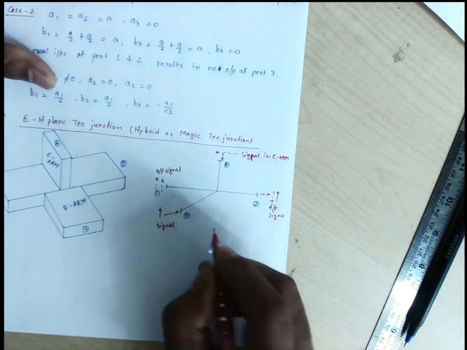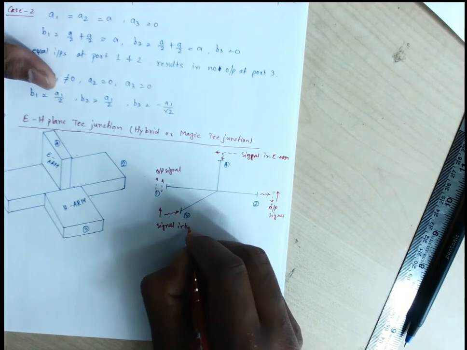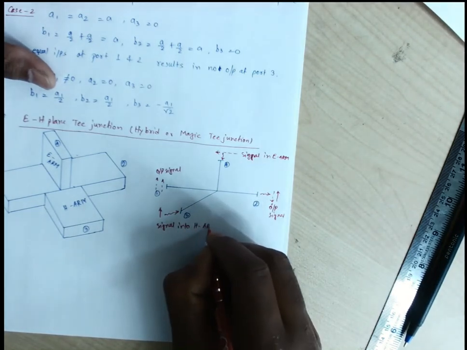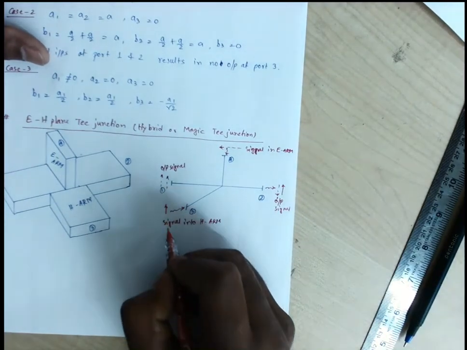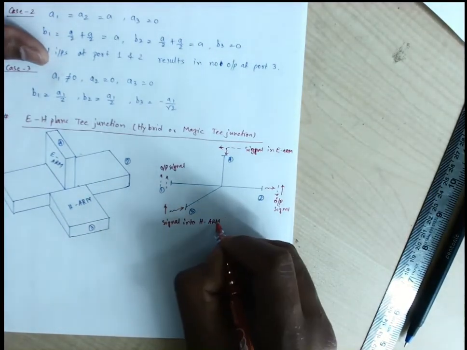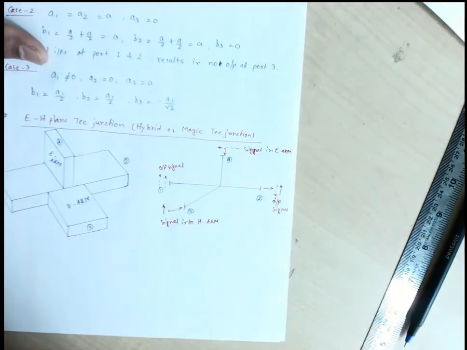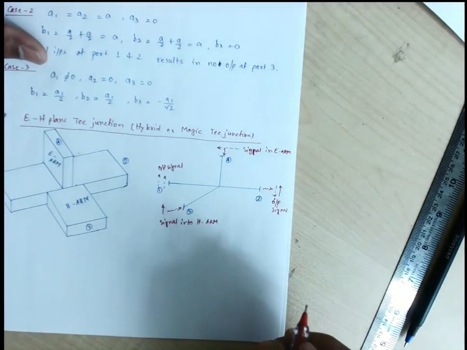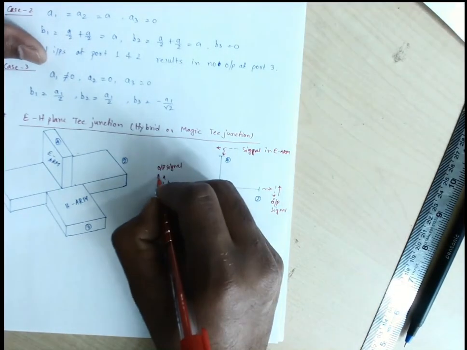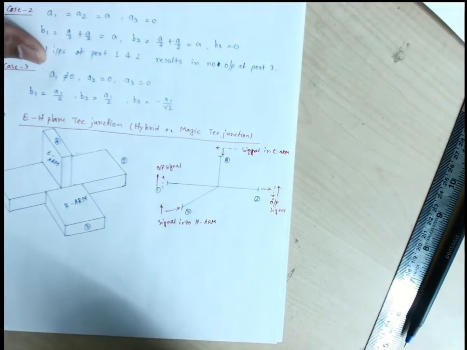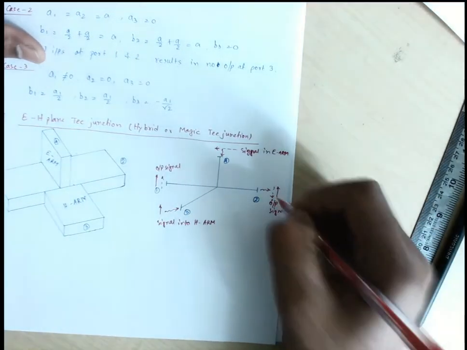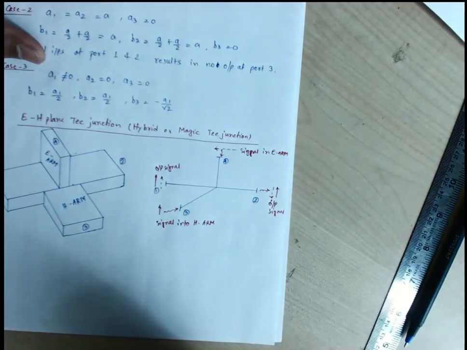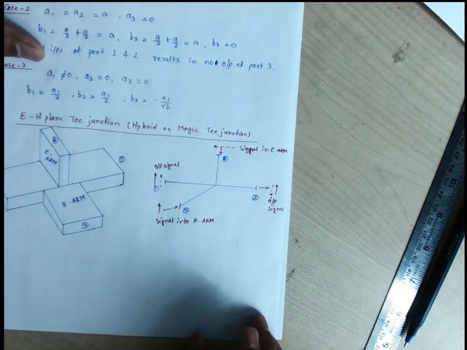Signal into H arm. So why these arrows are in the opposite direction? Because if this signal is given to H arm, the direction will remain same. I am just making it a continuous line. But if the signal is given to E arm, there is some phase change in the output ports.